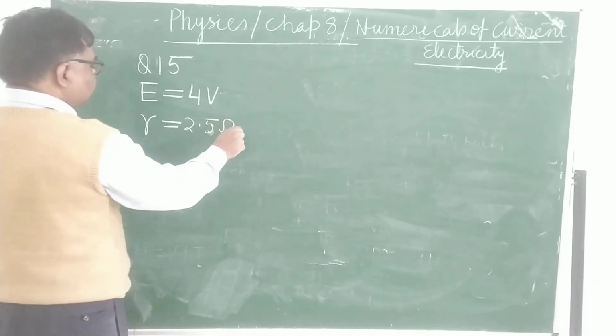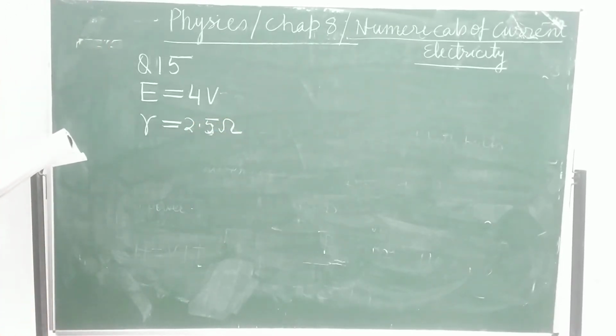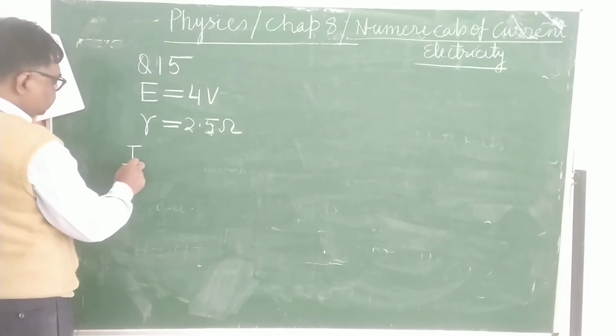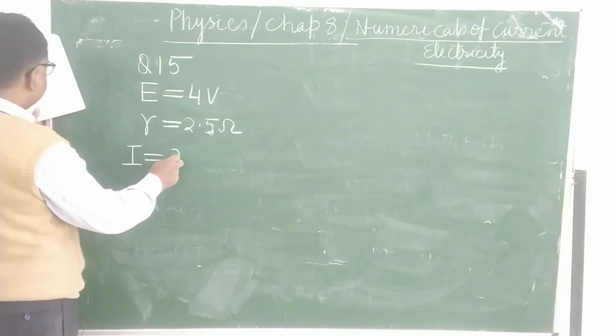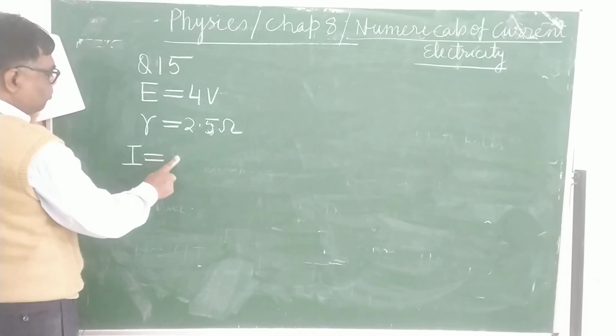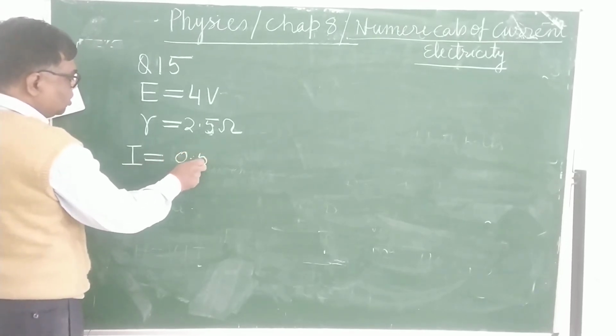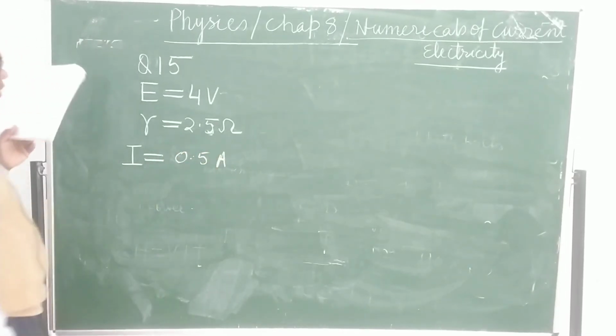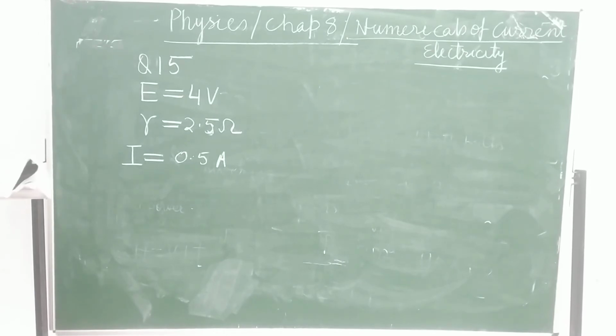A steady current of 0.5 ampere flows through the circuit. Steady means constant current.